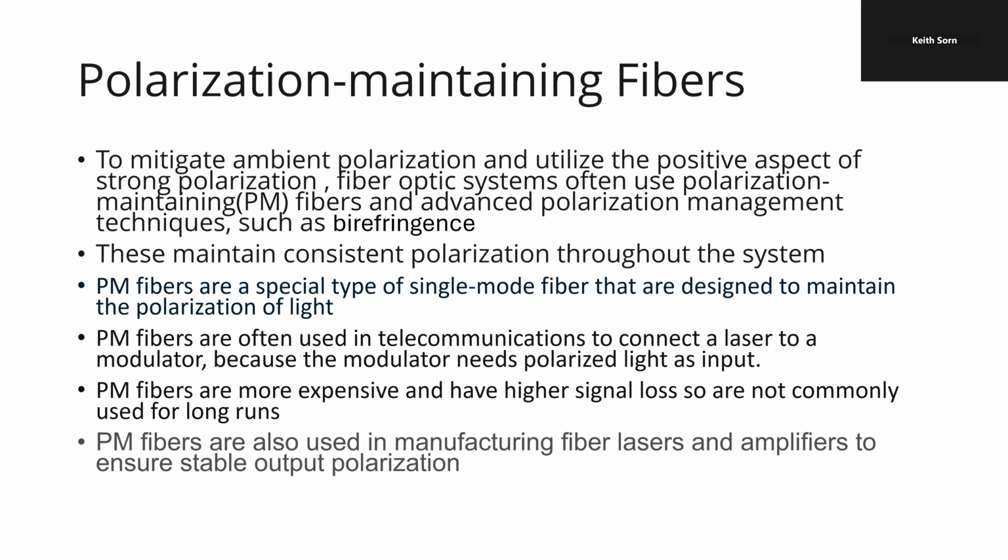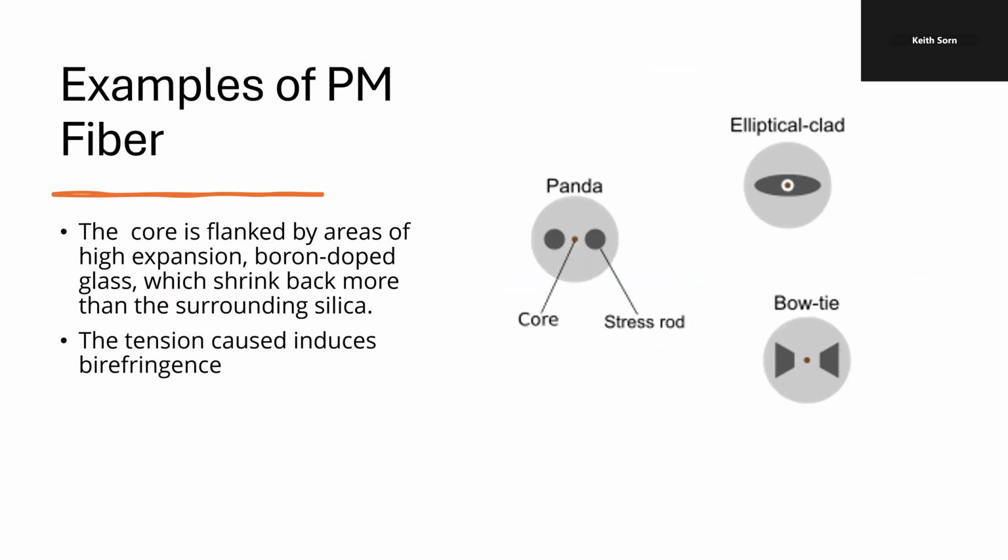They're often used in telecommunication, connect the laser to a modulator, again, because the modulator needs polarized light as an input. Polarization maintaining fibers are more expensive and have a higher signal loss, so they're not commonly used for long hauls. We also use them in the manufacture of lasers and amplifiers so that the output is stably polarized.